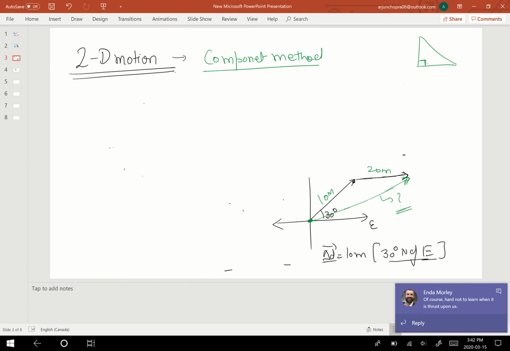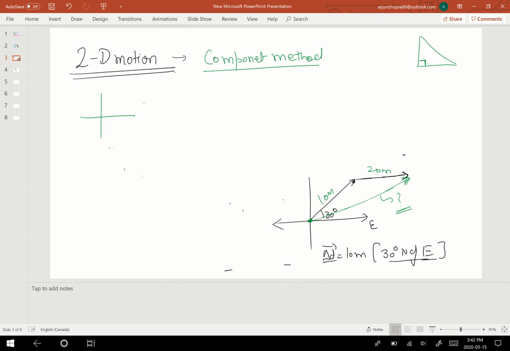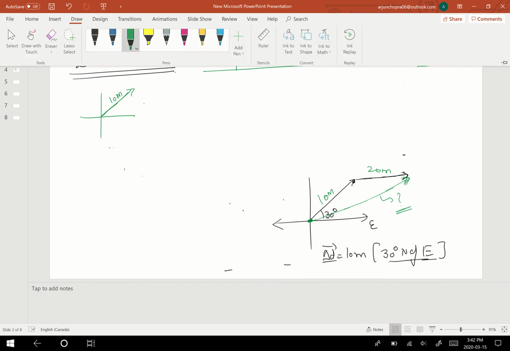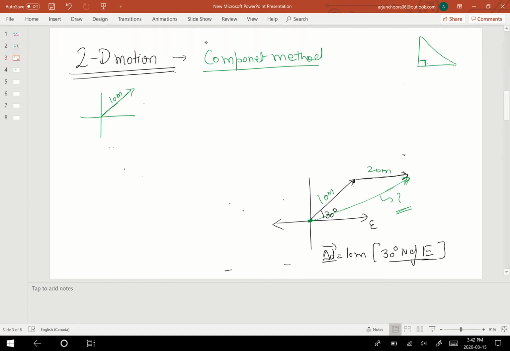In this component method, we will first look at the very first vector, which was 10 meters, and then I will try to find the components of this vector in the x direction and y direction. So we are converting a 2D vector into two one-dimensional vectors.